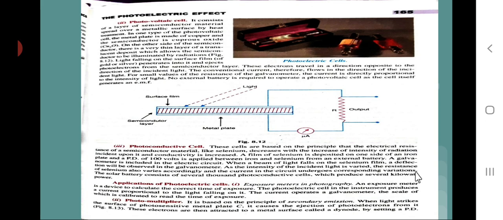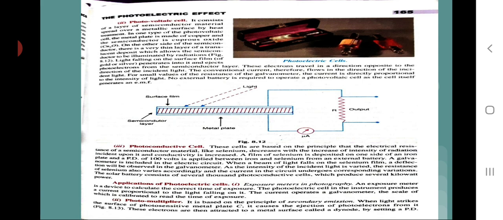Now the second one is the photovoltaic cell. This is the arrangement of a photovoltaic cell. It consists of a layer of semiconductor material spread over a metallic surface by heat treatment. In one type of photovoltaic cell, the metal plate is made of copper and the semiconductor is cuprous oxide.